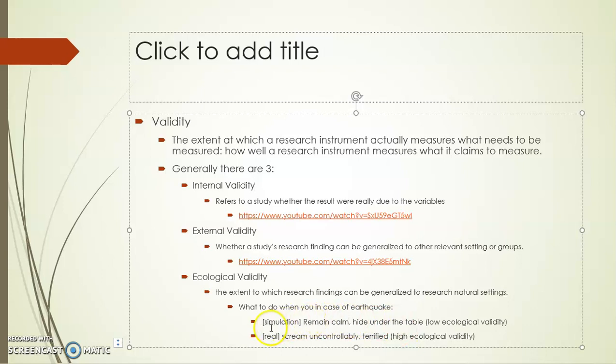But in a real case of earthquake, the subjects or the people would scream uncontrollably and they become terrified. Right, as you can see here, it's in terms of its setting. Right, so in this case of an earthquake, in the simulation, because it's not a natural setting, and this is the result, it is a low ecological validity.